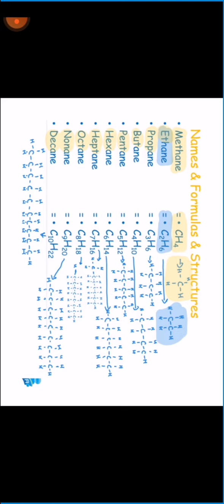So meth, eth, prop, but, pent, hex, hept, oct, non and dec. The only thing that changes is the ending based on whether it's an alkane, alkene or alkyne. But here we're looking at alkanes. So alkanes always have the ending ANE. So you add ANE onto the end of your stems, which are highlighted in yellow.